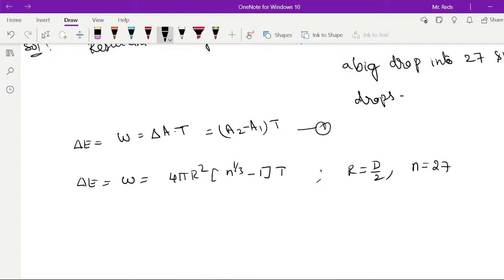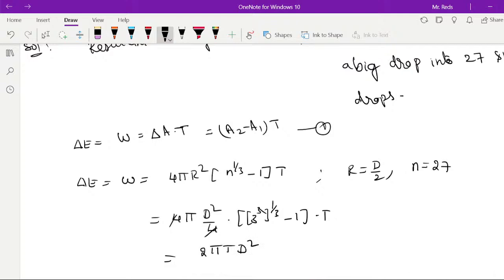We get 4 pi into (d by 2) whole square, which is d square by 4, into (27 power 1 by 3, which can be expressed as 3 cube power 1 by 3, minus 1) into T. So the 3s cancel, 3 minus 1 is 2, the 4 gets cancelled, and we get 2 pi T d square.